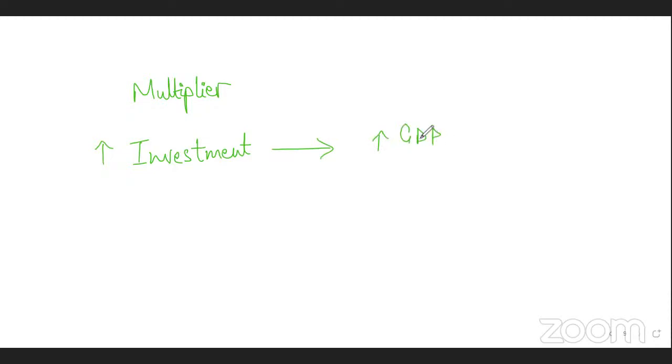In the multiplier effect, we were thinking about how a rise in investment of a country is causing a change in the country's GDP, but that can also go the other way around. So this thing was causing this thing.